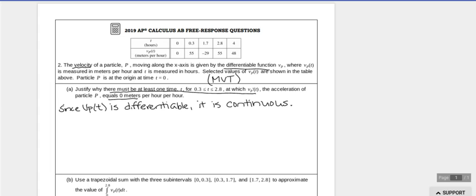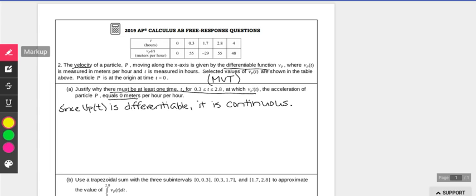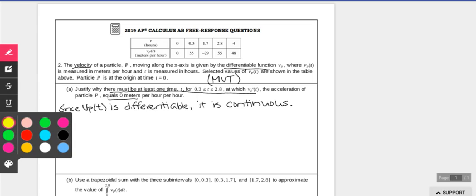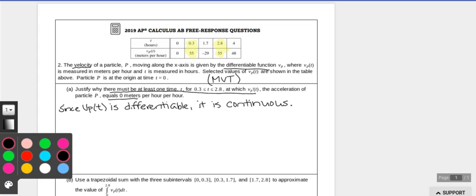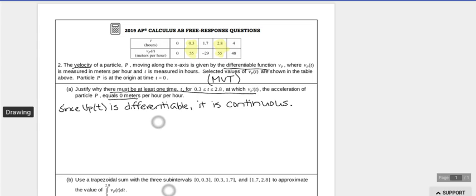Now let's find the average rate of change over this interval, from 0.3 to 2.8. So we're going to do Vp of 2.8 minus Vp of 0.3 over 2.8 minus 0.3.